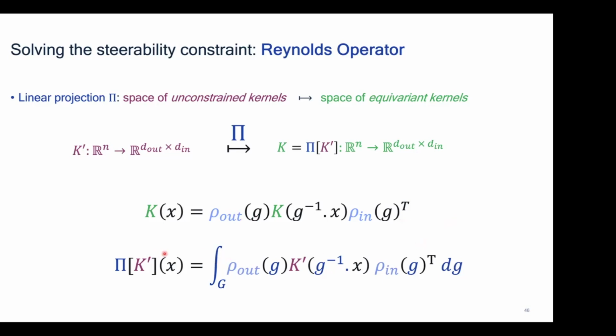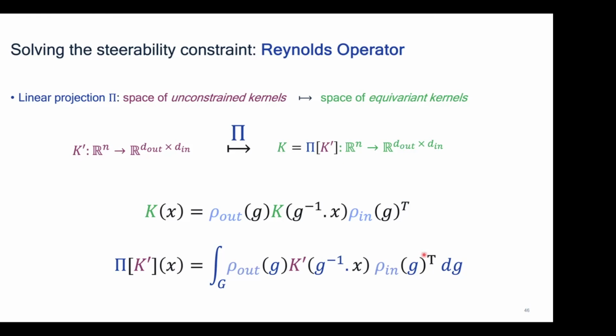You can prove that the result of this projection actually satisfies the kernel constraint, and every equivariant kernel can be parameterized, is basically belonging to the image of this projection operator. So following this, the output of this integral is going to give us every possible equivariant kernel.